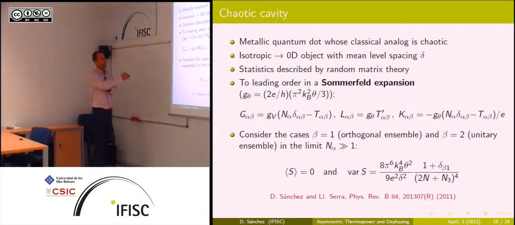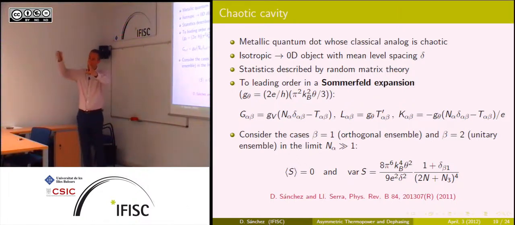So we take in the Sommerfeld expansion these conductance, these transmission coefficient terms, and then depending on whether you have a magnetic field or not, you have to consider different random matrices, which in this case is just a regular scattering matrix, which contains random elements.